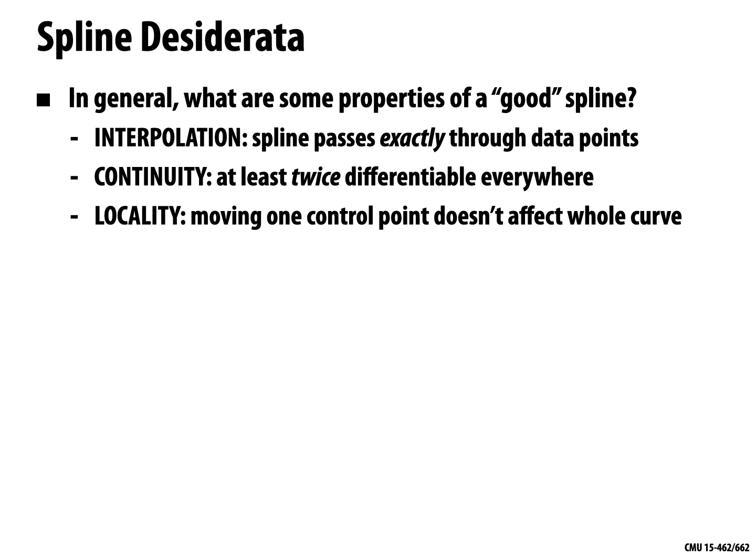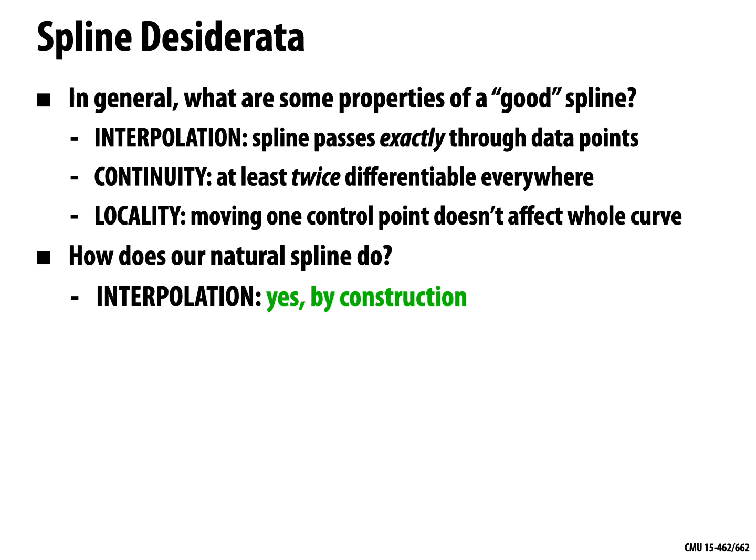Okay, so those seem like pretty natural properties. How does our natural spline do on each of these properties? Let's see, does it interpolate the data? Well, yeah, by construction, that was one of our basic constraints, that the value of the curve at the knots is equal to the given data points. Does it have good continuity?